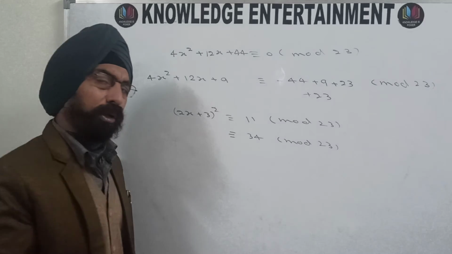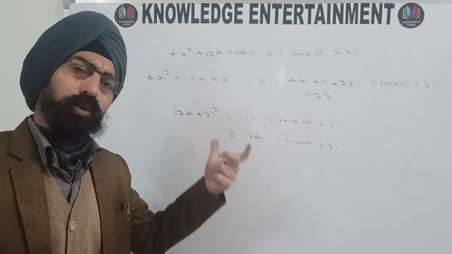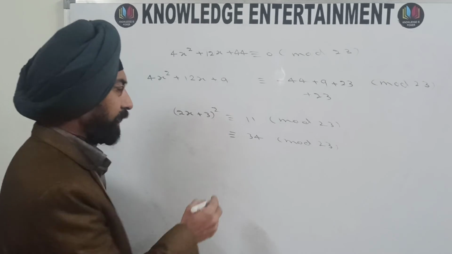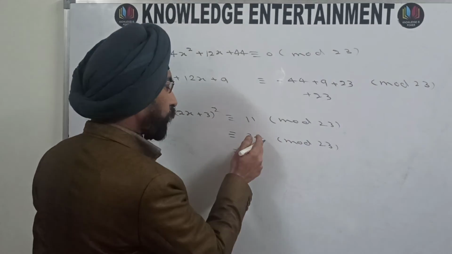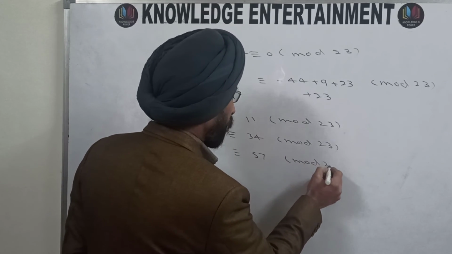But it is still not a perfect square. So add 23 once more. You go on adding 23 a number of times until you get a perfect square. Next time, adding 23, it will become 57, modulo 23.